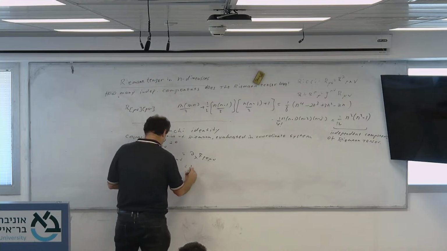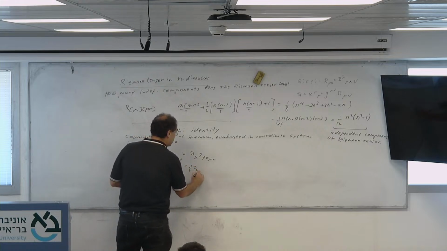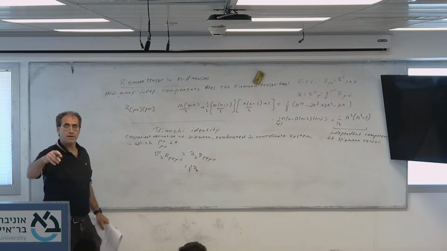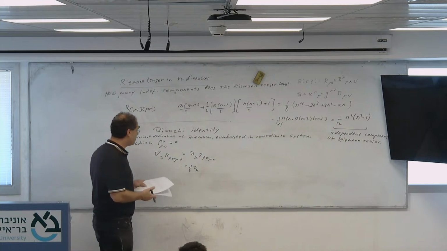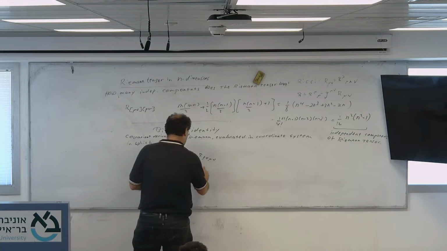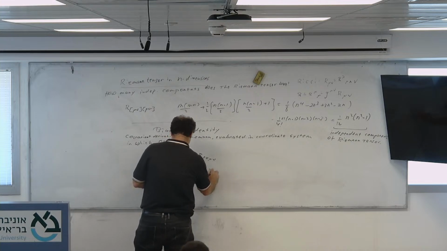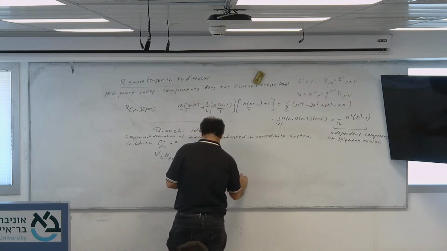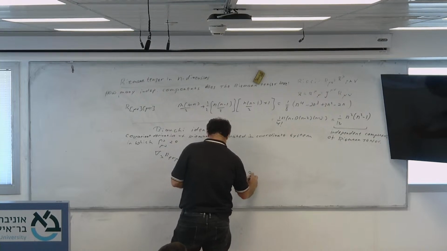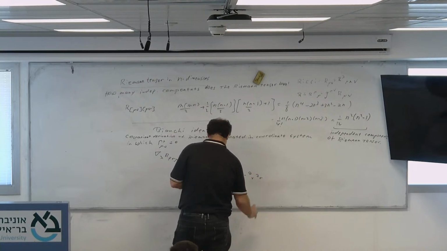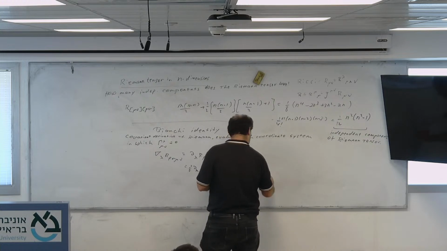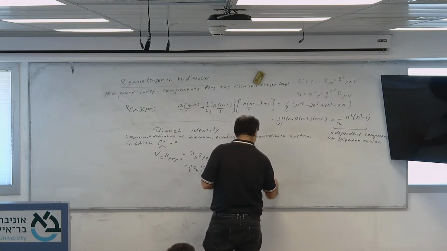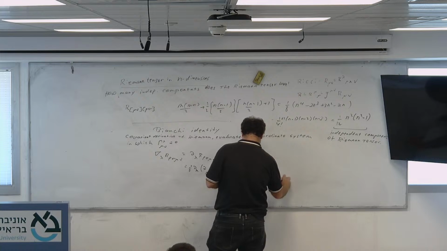It's 1/2, then I don't need the gamma terms because they vanish, but I do need their derivatives. d mu d sigma g rho nu minus d mu d rho g nu sigma minus d nu d sigma g rho mu plus d nu d rho g mu sigma.